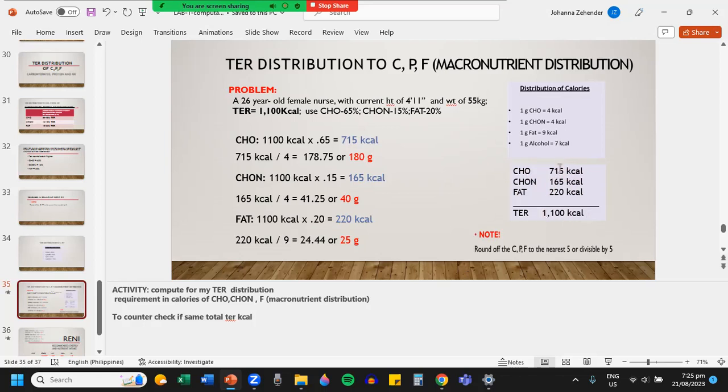So here, 715 plus 165 plus 220 is 1,100. Get your calculators if you want to solve for yourselves. Again, 715 plus 165 plus 220 is equal to 1,100 kilocalories.